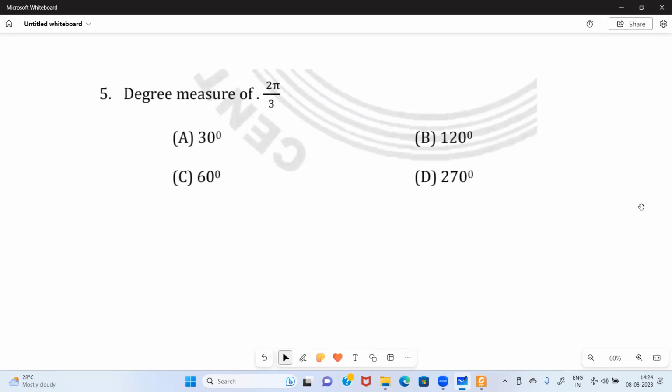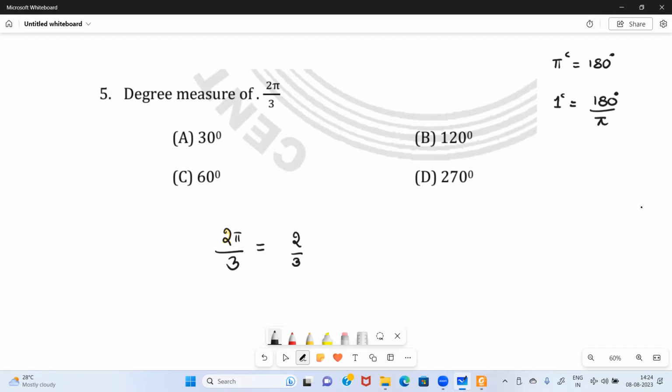Find the degree measure of 2 pi by 3. Okay. 2 pi by 3 is in radians. We have to convert it into degrees. We know that pi radians is equal to 180 degrees. Therefore, 1 radian will be equal to 180 divided by pi.